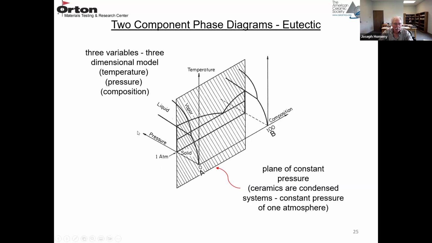So if you look at this, this is pressure versus temperature. This is our one component diagram, solid, liquid, vapor. And then this one over here on this side for composition B, this would be composition A. So B is a single component diagram. And then we're connecting the two single component diagrams to make a two-component phase diagram at 1 atmosphere.